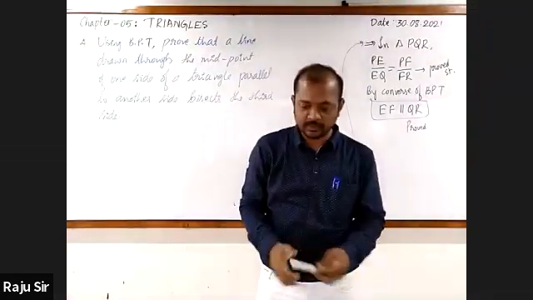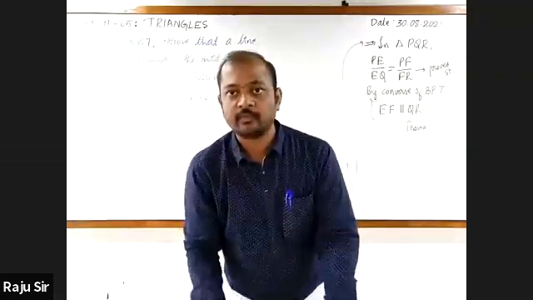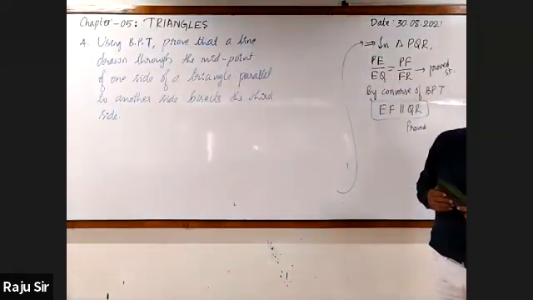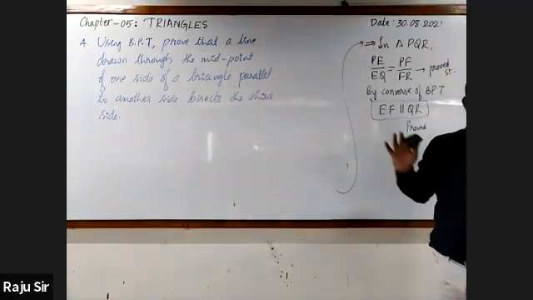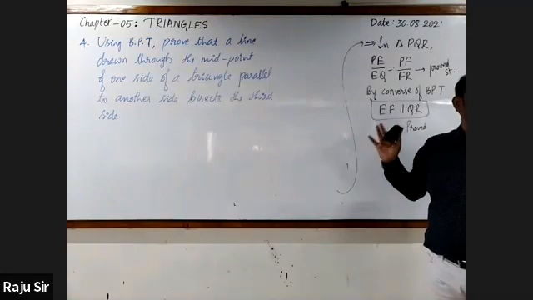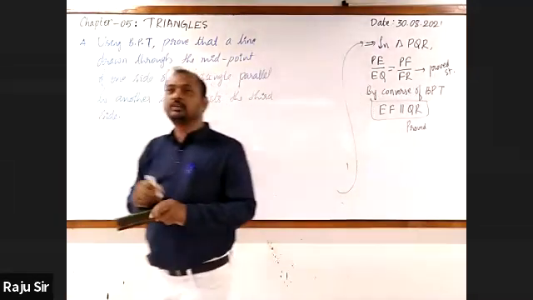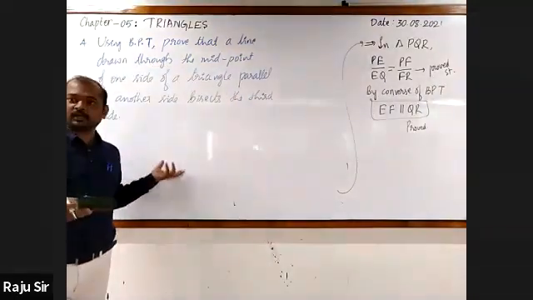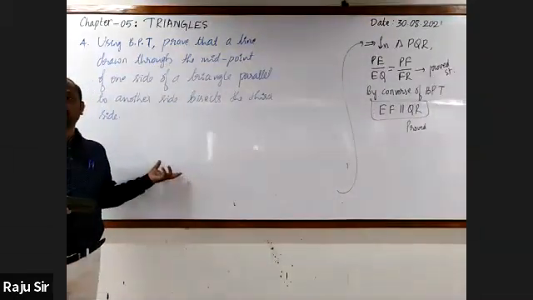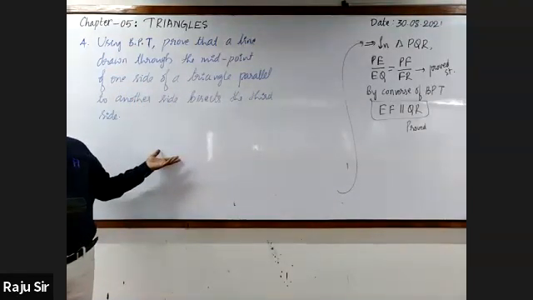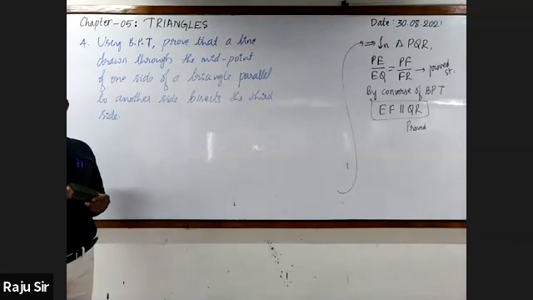Let's go through the statement. Have you read the statement? If so, don't you think the statement which I explained and the statement which I have given are they different? Are they the same?